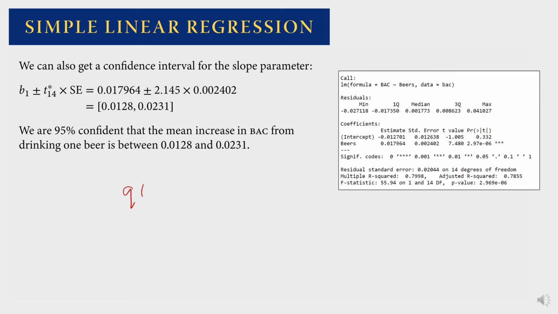That's qt(0.975, 14) in R. And we are 95% confident that the mean increase in BAC from drinking one beer is between 0.0128 and 0.0231. We're 95% confident that this interval contains the slope parameter.